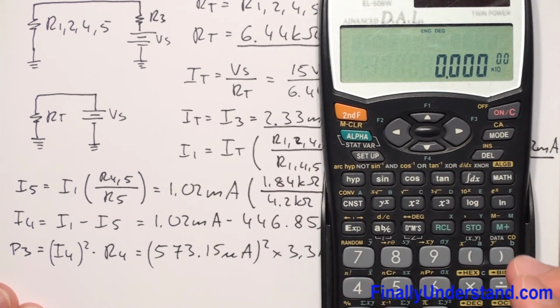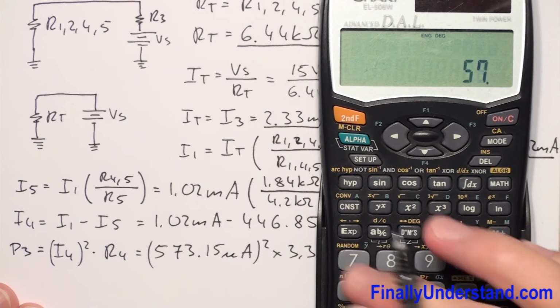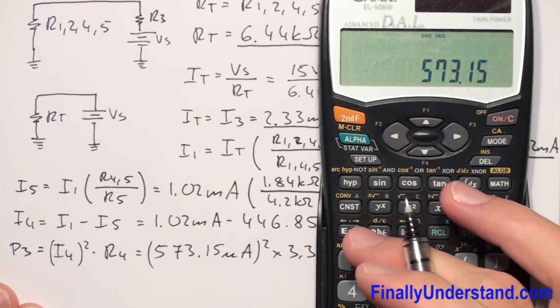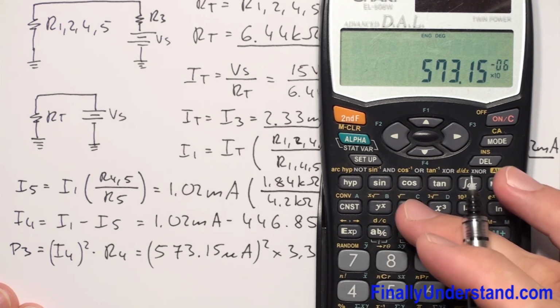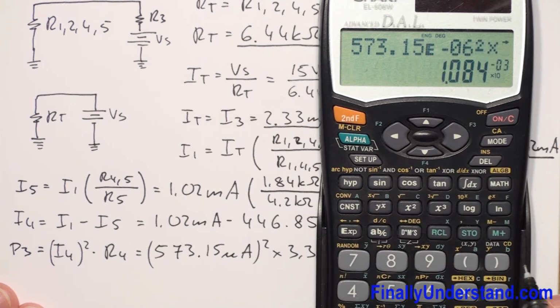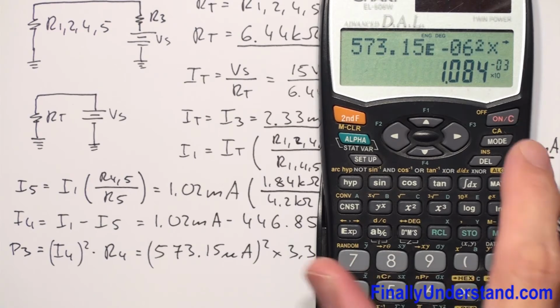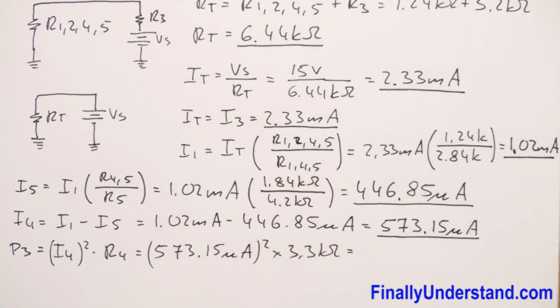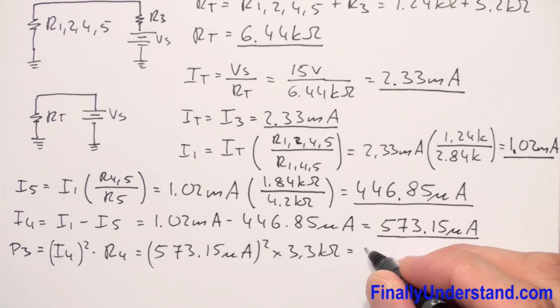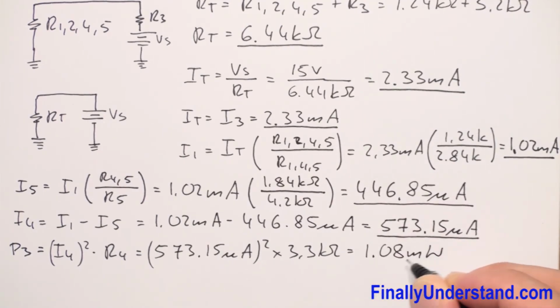Let's check. 573.15 exponent 6 negative to the second power times 3.3 exponent 3. This is equal to 1.08 milliwatts.